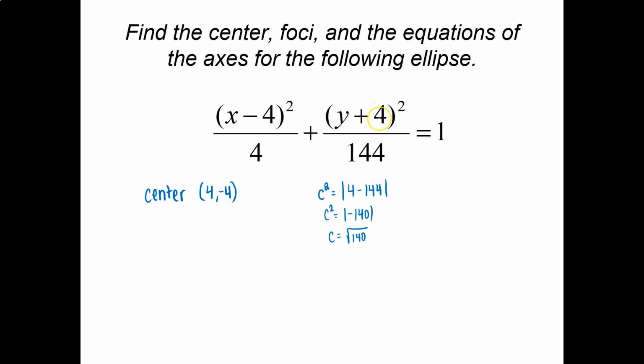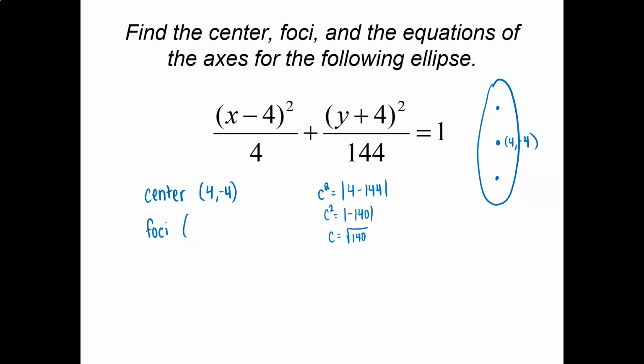So let's think about, I need a picture of this so I can picture what's going on here. Is this tall or wide? Tall. Okay, so I just found that the center is right here at 4, negative 4. Okay, so my foci are going to be above and below that, right?